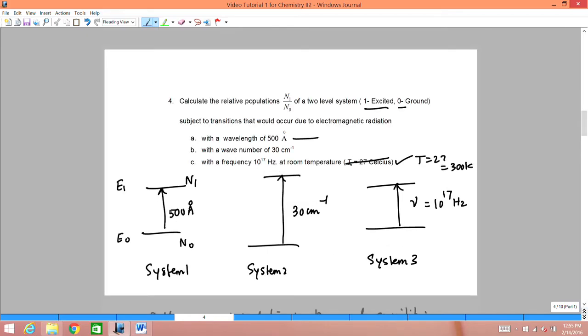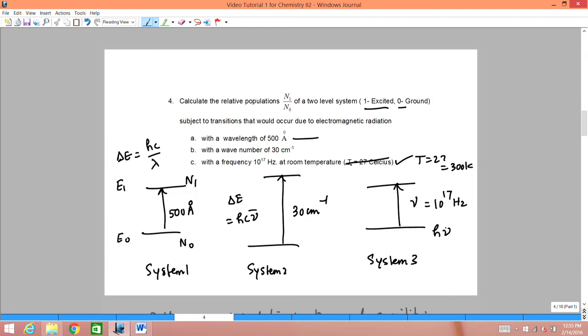the corresponding lambda, nu bar or nu. Please remember, for this the delta E is hc by lambda, and for this the delta E is hc nu bar, and for this the delta E is h nu.